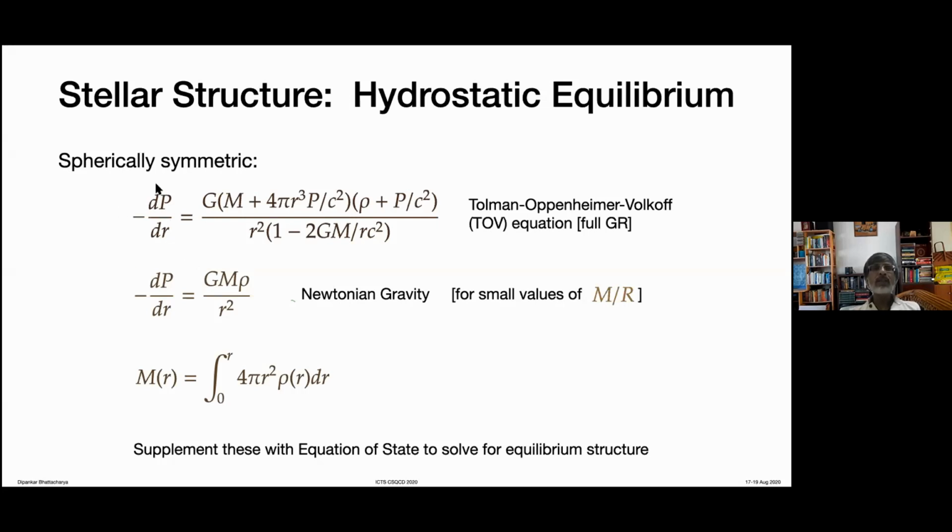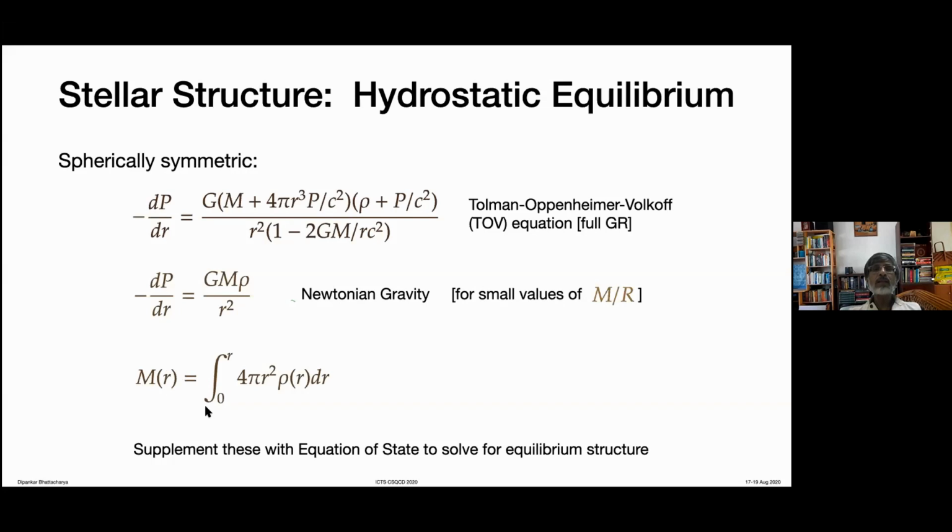So minus dP/dR is a positive quantity. And on the right-hand side, you have the Newtonian gravitational constant G. This is at any radius R within the star. And this is R squared, which is that radius. M is the mass contained within that radius.